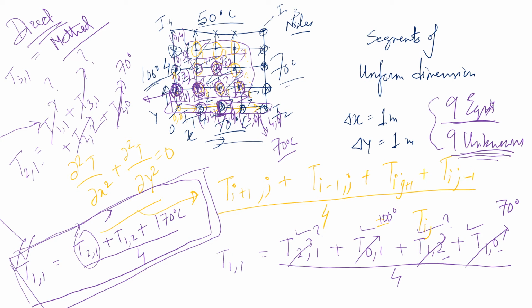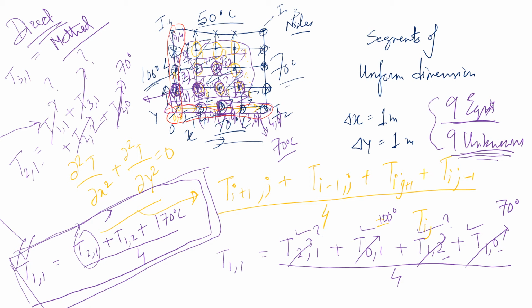Direct method of discretizing the elliptic PDE, which represents here in this example the temperature distribution in the internal area of a square metal plate. If all the edge temperatures are known, then in this case you will have 9 unknowns, 9 equations.